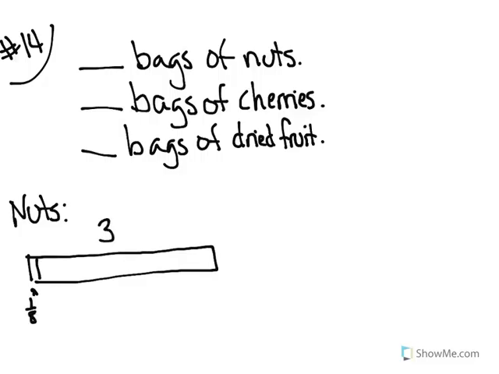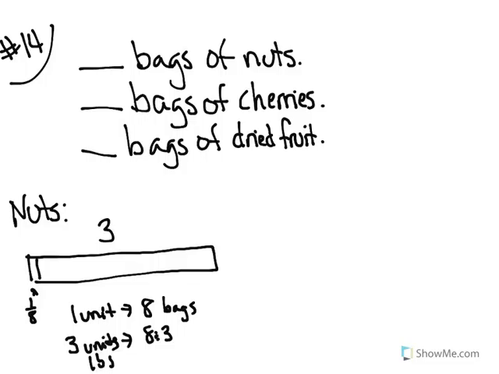So I need to know how many eighths are in 3. Well, 1 unit or 1 pound would be 8 bags. So that means that 3 units or pounds would be 8 times 3, which is 24.